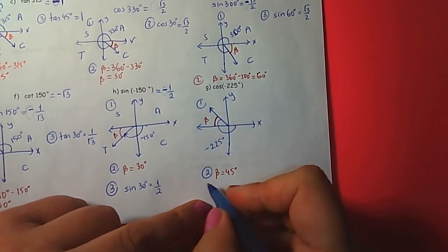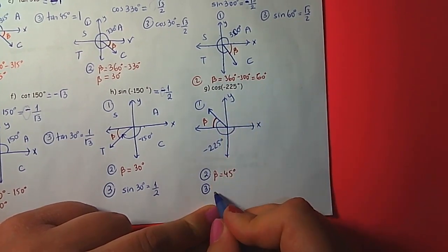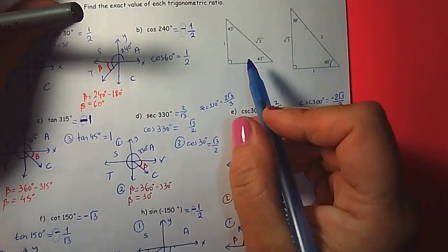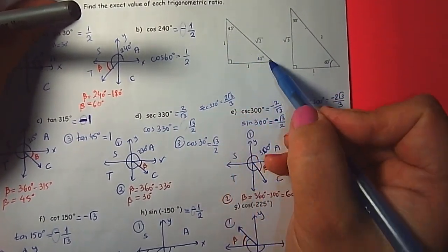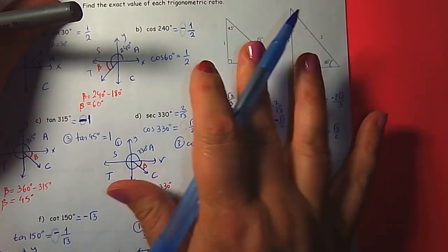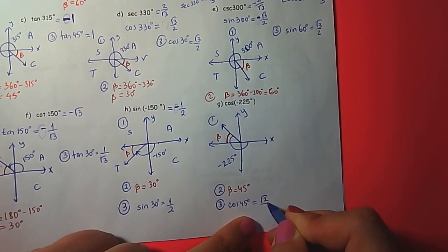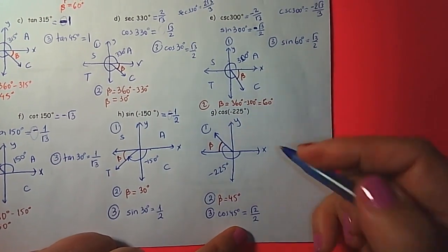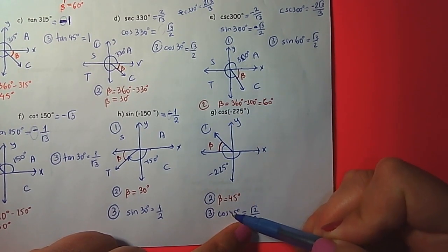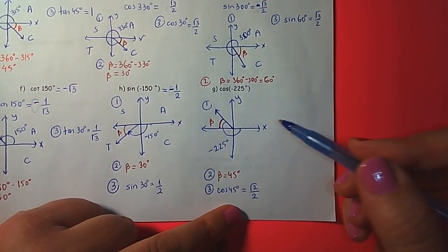Step 3, find the ratio for the related acute angle. So we need to find cosine 45 using special triangles. So let's take this 45 degree angle, adjacent over hypotenuse, 1 over root 2 or root 2 over 2. Okay, so now we know that cosine negative 225 and cosine 45 have the same related acute angle.